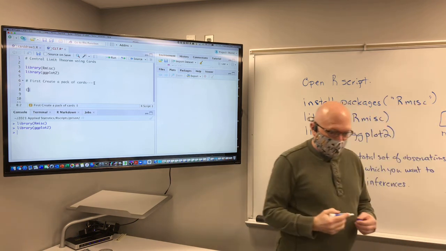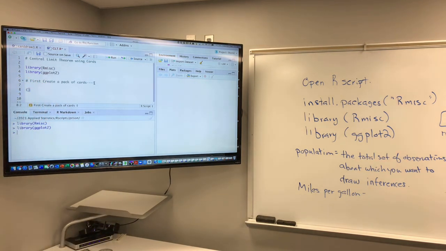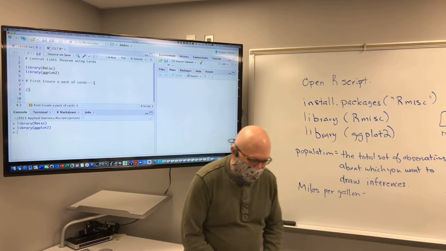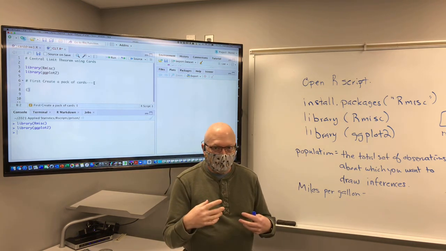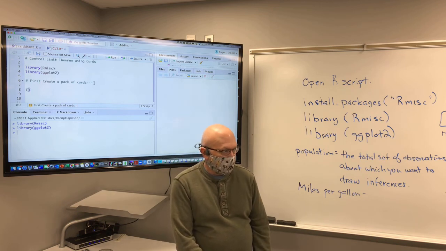Even if you were a hegemonic god and you could gather up all the cars and measure their miles per gallon, chances are there would be variation due to measurement error. But because we don't have control over all the cars in the world, how could we get at this issue of what's the miles per gallon among different manufacturers of automobiles?